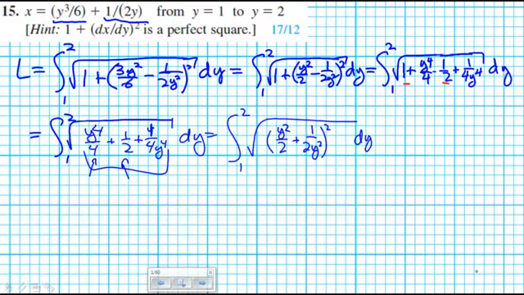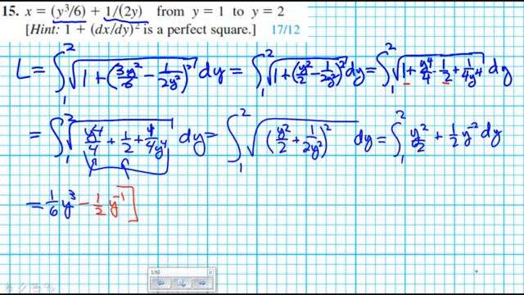Can someone check that? Yes. Okay. The antiderivative of 1/2 y to the negative 2: I add 1 to negative 2, I get a negative 1. It's going to be negative 1/2 y to the negative 1, as we evaluate this from 1 to 2.